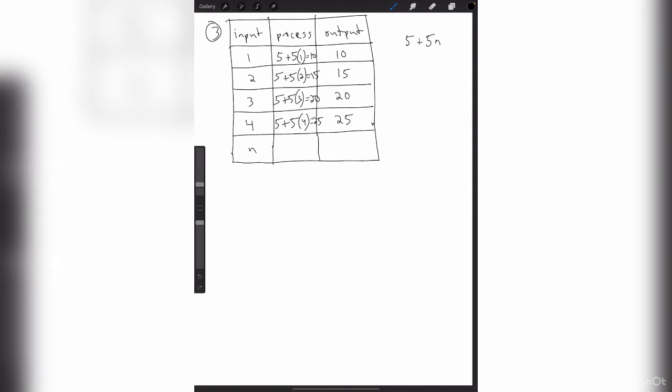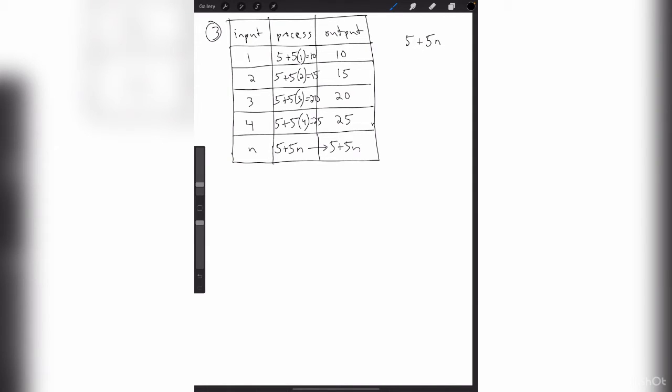So what I'm coming down to here is, if I'm looking for like the 128th or the 522nd number in the pattern, I can just go ahead here and say 5 plus 5 times n, because whatever n is here, I'm just going to substitute that in that place. So at the very end, that's going to be my answer, 5 plus 5n.